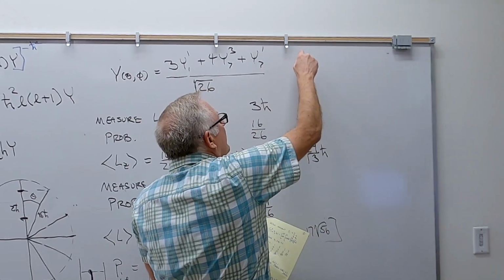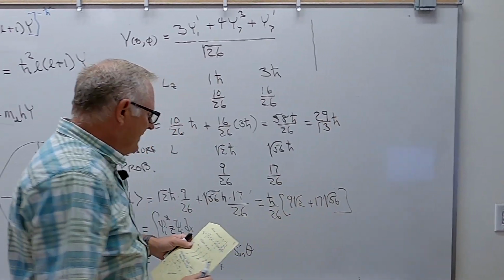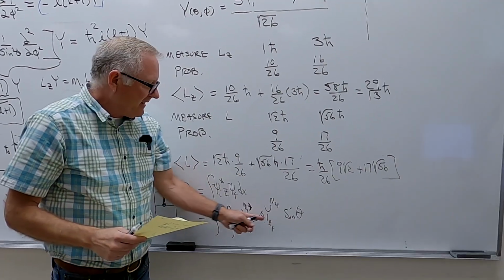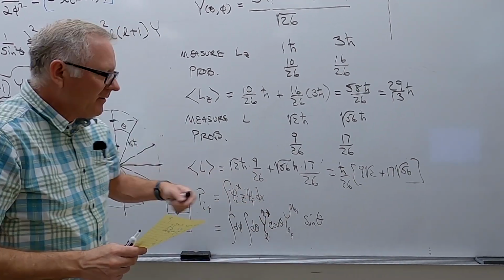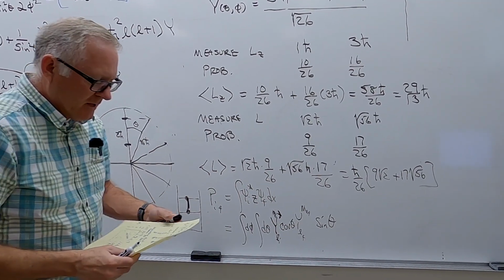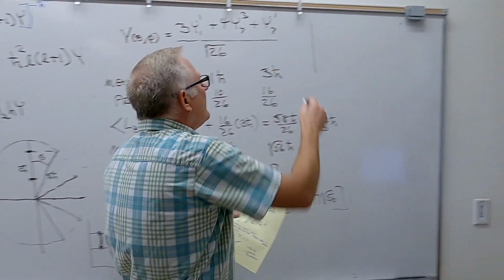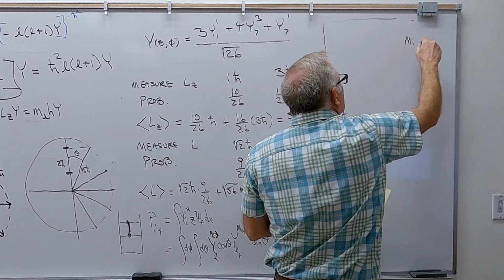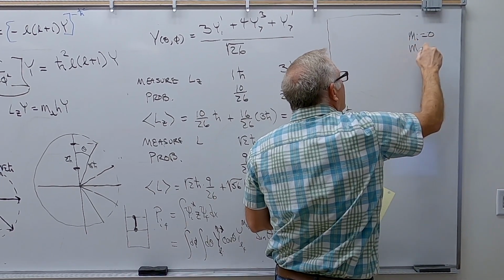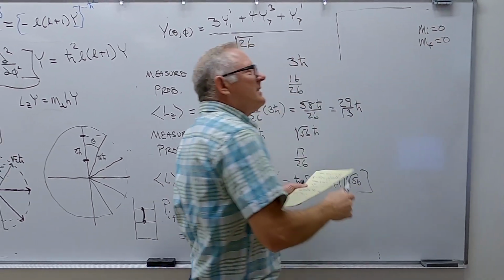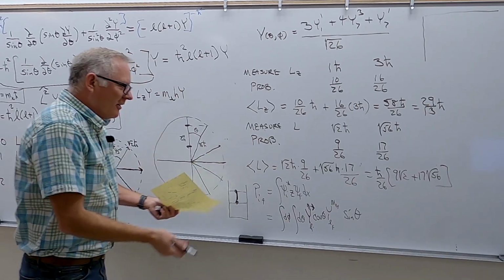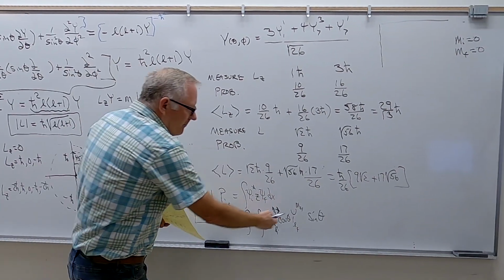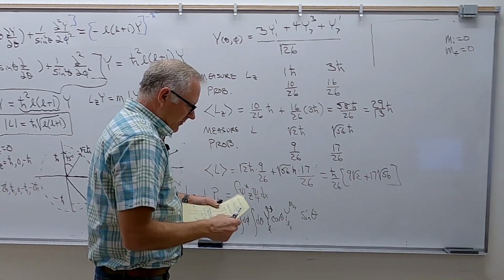There are two things varying: L and M sub L. I don't want to vary too many things at one time, so let's keep M initial equal to 0 and M final equal to 0, and just see how it depends on the L quantum number. So I'm going to make a whole table of different L's.